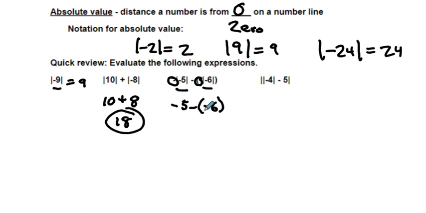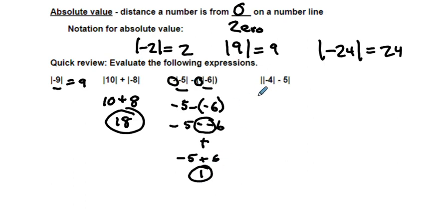Just imagine you drop the parentheses and you have a minus. What do you do when you have 2 negatives right next to each other? They become a plus. So basically that's -5 plus 6, which gives you 1.